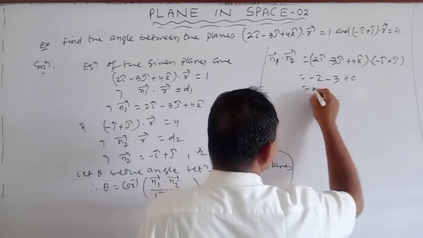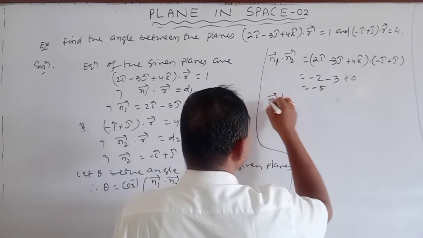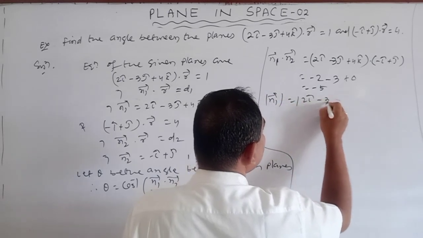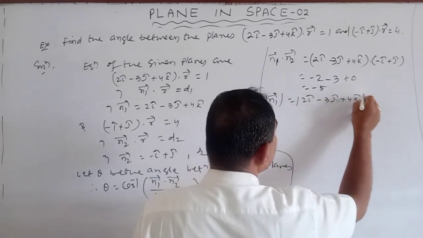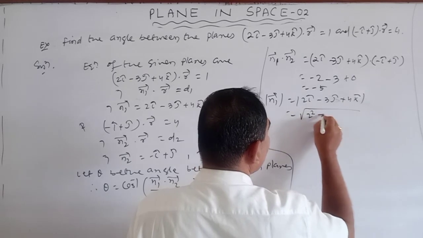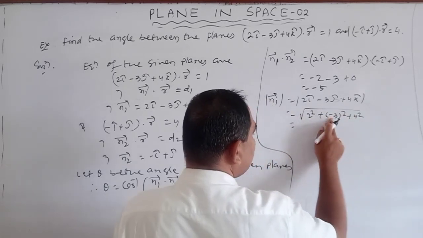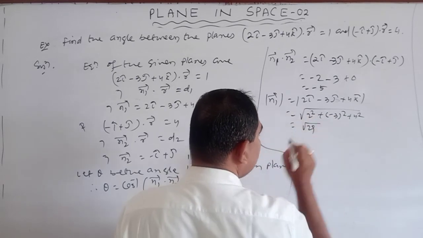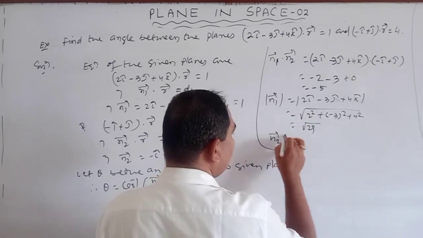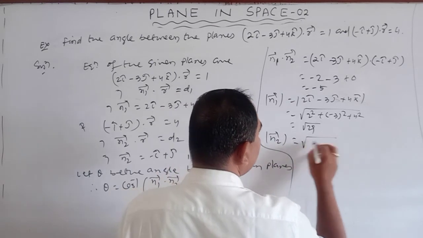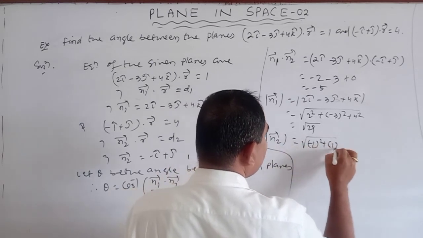So that's minus 5. Mode of n1, the mode of 2i minus 3j plus 4k is equal to square root of 2 square plus minus 3 square plus 4 square, 4 plus 9 plus 16 is 29, root 29. Mode of n2 is equal to square root of minus 1 square plus 1 square is equal to root 2.